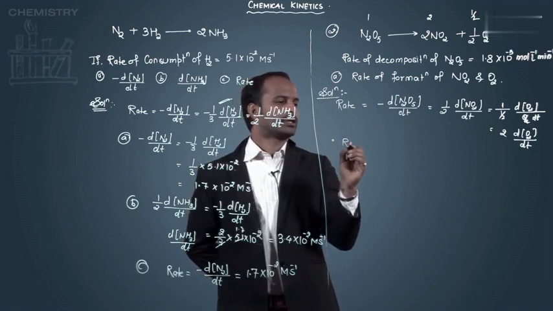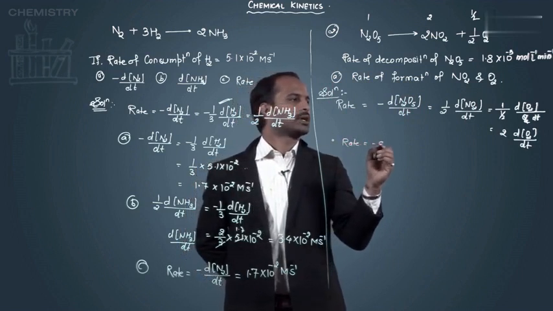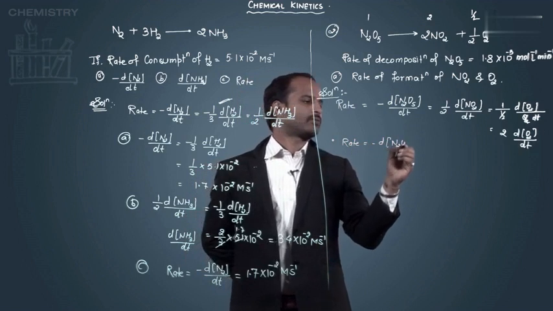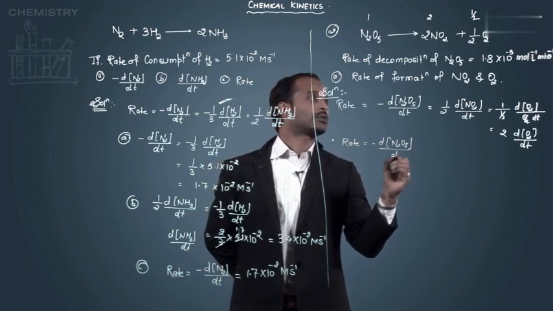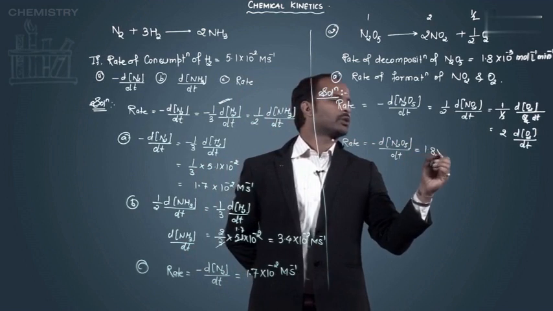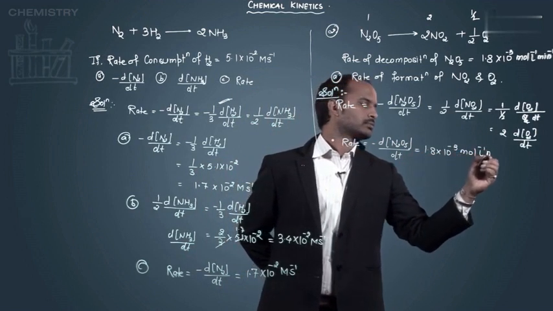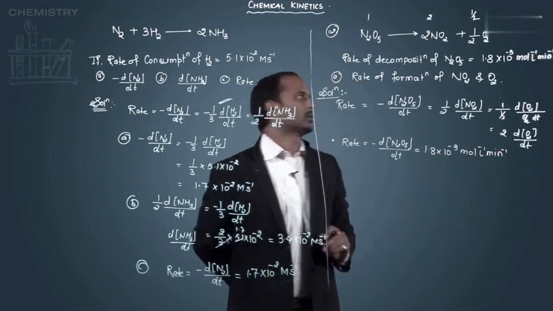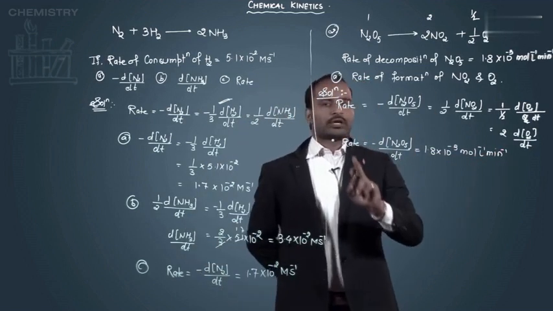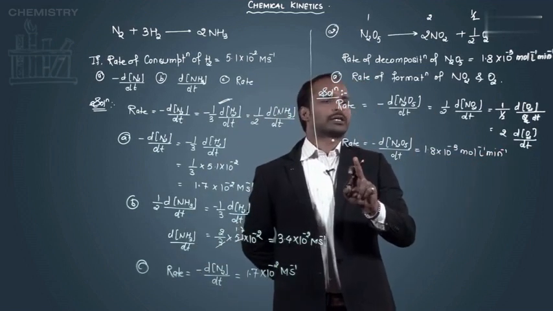So rate is equal to minus dN2O5 upon dt, that is equal to 1.8 into 10 raised to minus 3 mole per liter per minute. Now the rate is always for 1 mole of the reactant or product.